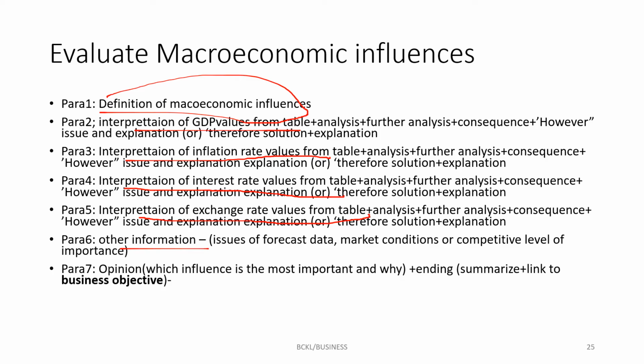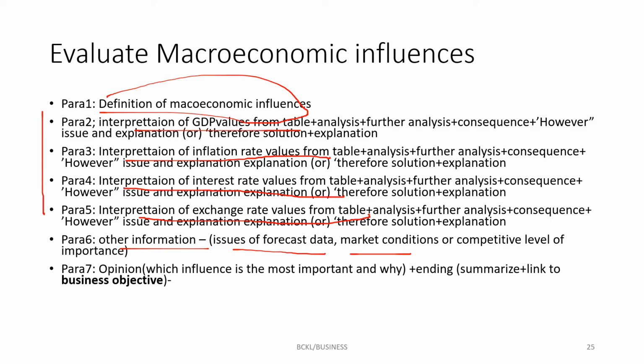And then other information, so you'll have issues on the forecast data. So remember, forecasts can also be wrong. So the market conditions and the competitive level of importance. So your opinions, or which influence you think is the most important.